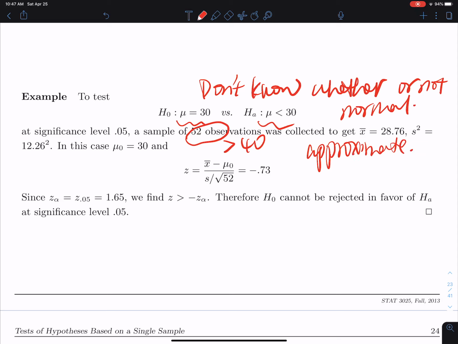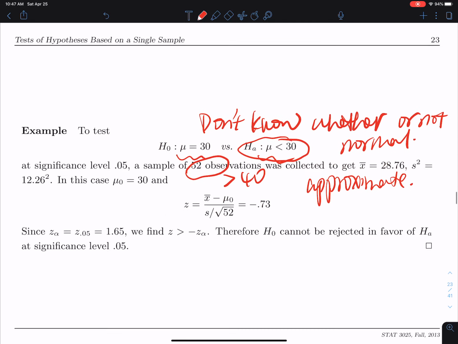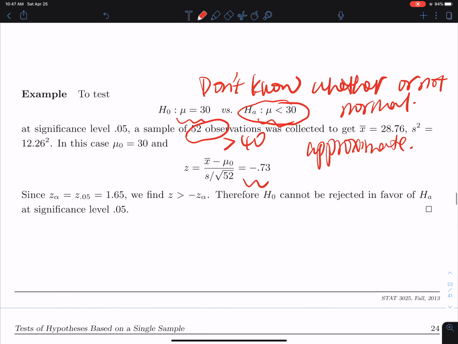Then since the alternative hypothesis is mu less than 30, we begin to use this one. This is what we are going to use. And just by plugging in the numbers, we get a z value of 0.73.